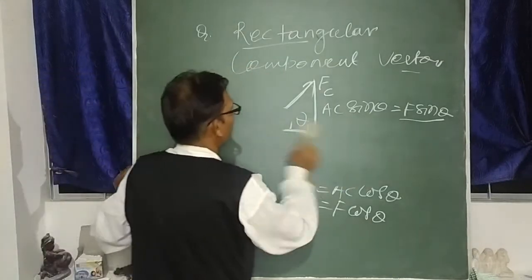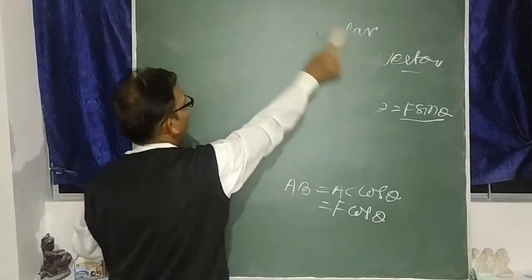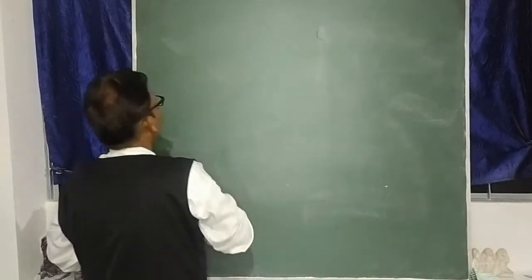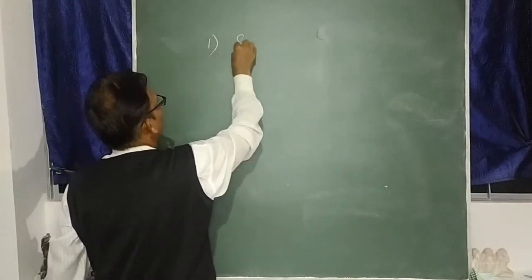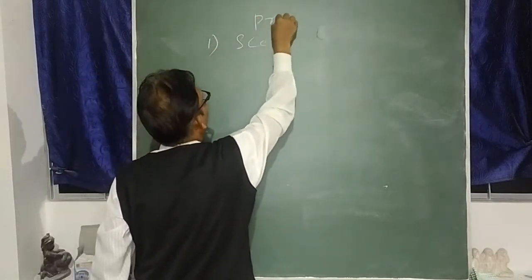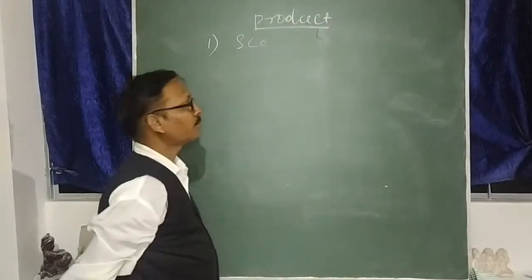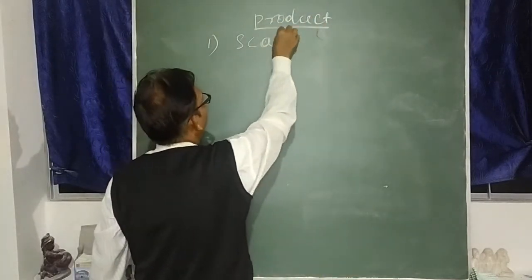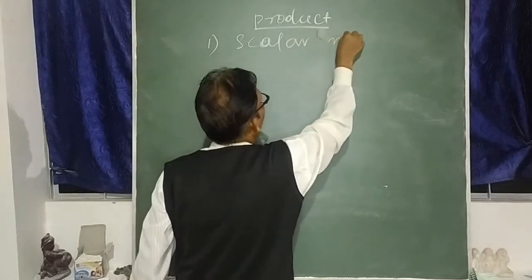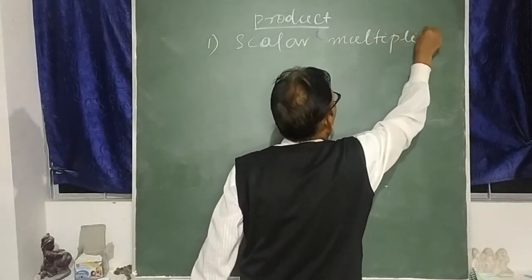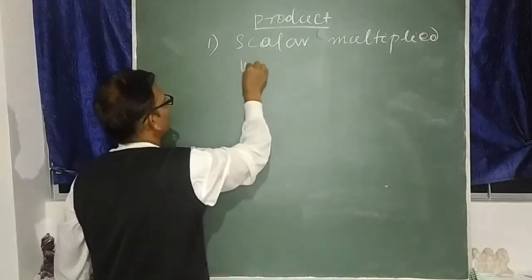Next, we will start product of a vector. First we will start scalar multiple of a vector. Product, you know, is multiply. A scalar multiplied with a vector.